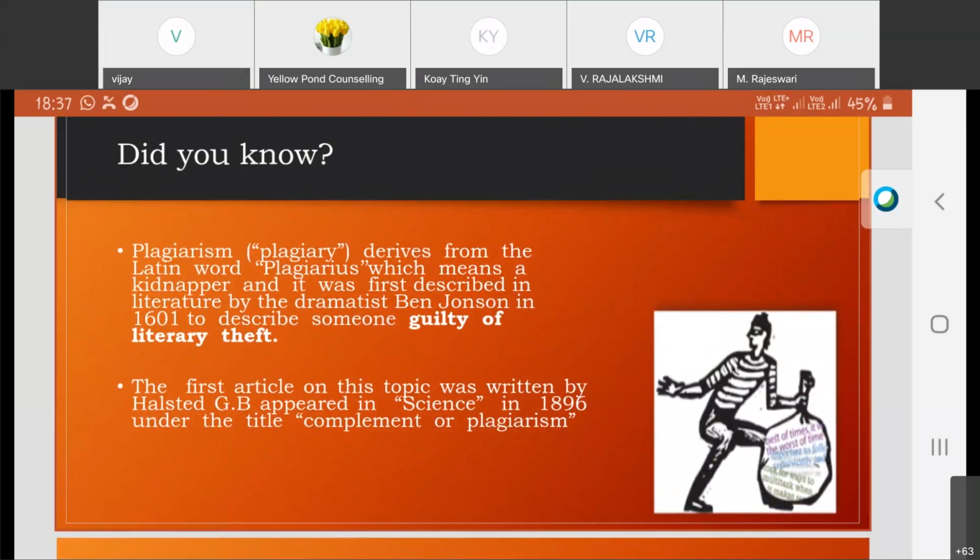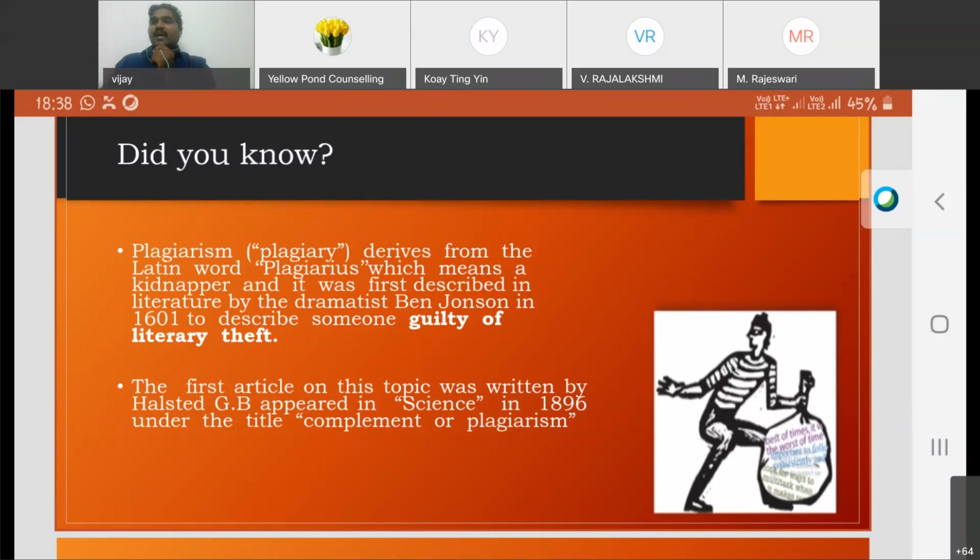Plagiarism, where does it come from? It comes from the Latin word plagiarius, which means a kidnapper. It was first described in literature by Ben Jonson in the 16th century, who called it being guilty of literary theft. So we know the meaning of guilty of theft.